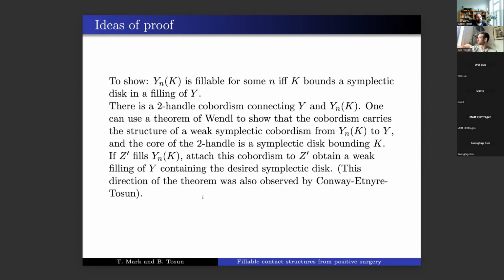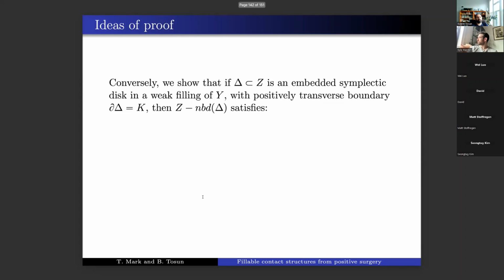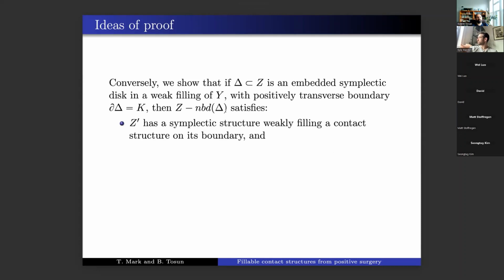The harder work is going the other way: if you have a disc in a symplectic filling whose boundary is some transverse knot, then you can scoop out that disc in such a way that the complement, with the restricted symplectic structure, is a weak filling of some contact structure on the boundary.